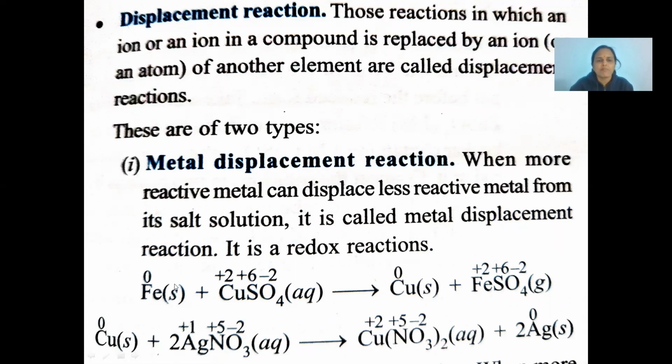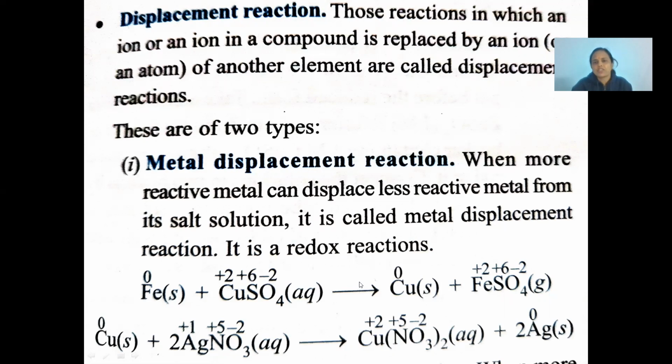Let's consider an example. Iron combines with copper sulfate to form copper plus FeSO4. Iron here is present in 0 state and goes to +2 state, so iron is undergoing oxidation, and copper goes from +2 state to 0 state, so it is undergoing reduction.